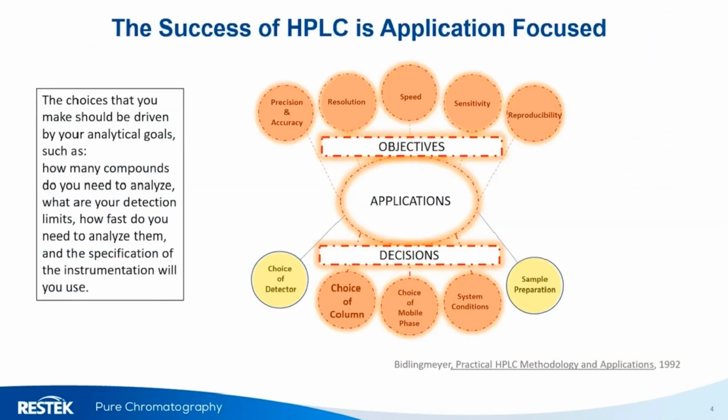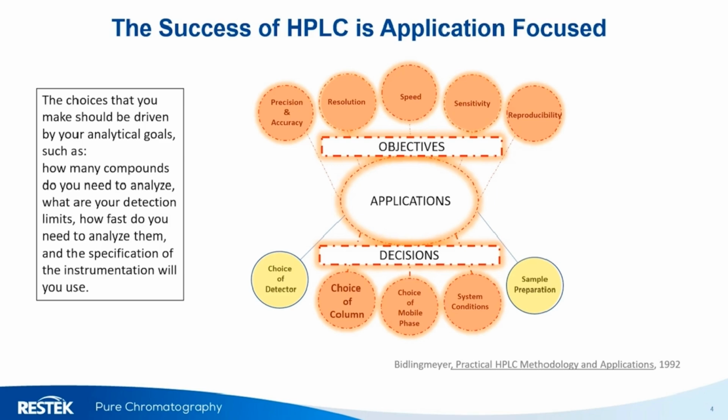To develop an analytical method, it's good to understand the objectives that you're trying to achieve. Items such as the precision and accuracy of your method or the resolution between compounds, how fast you need your method to go, what is the desired cycle time to achieve your throughput demands, the sensitivity of your application, how low do you need to see compounds, and of course the reproducibility.